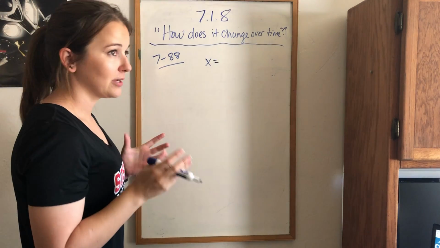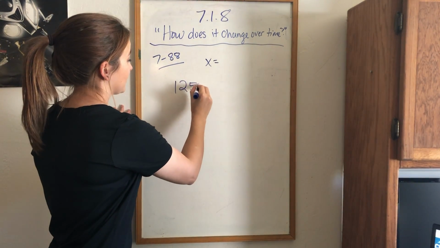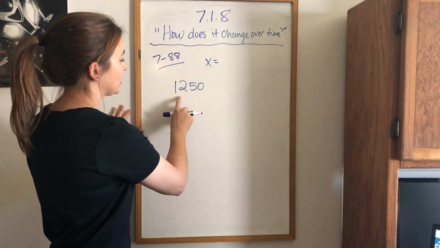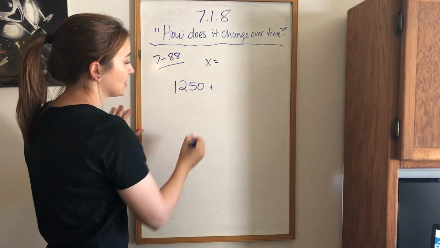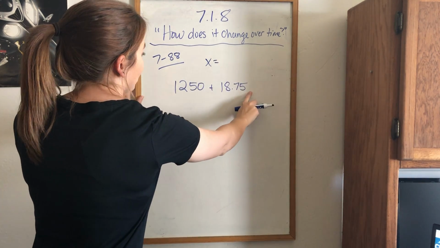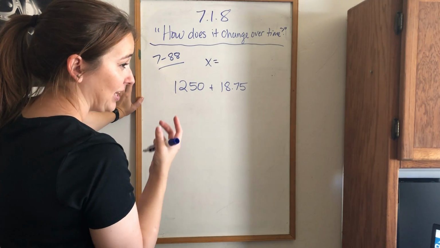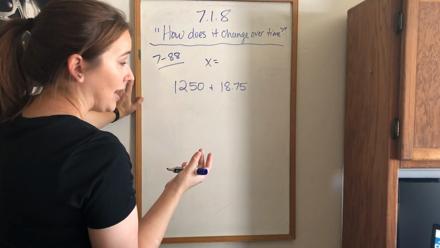And I'm going to think about the equation that I've been using to calculate the amount owed for each week. So I did 1250 plus the 1875, but then I multiplied it by the number of weeks. So instead of putting a certain number of weeks, I'm going to put x.